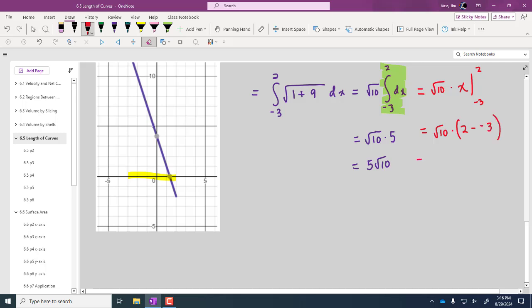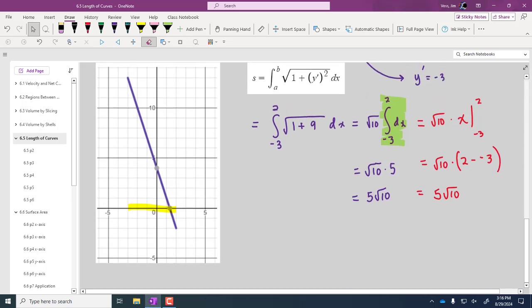And so that's going to give us the same answer, 5 root 10. So as you do more and more, you'll start to just jump from there to there. It's like, oh, if you're integrating just the differential, it's the upper limit minus the lower limit. It's the length of the interval. So there is our arc length.